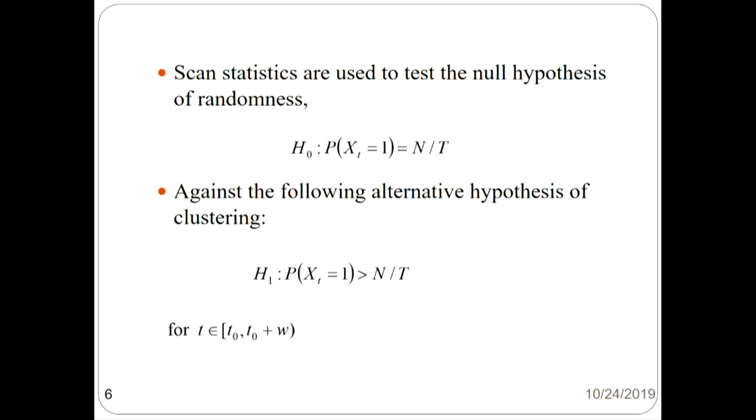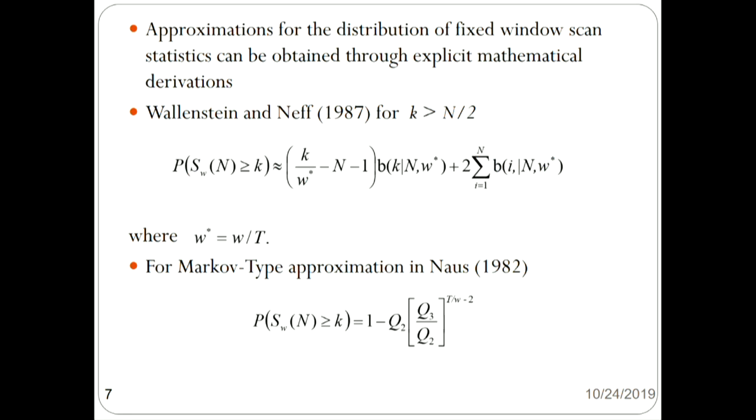The null hypothesis is that events are randomly distributed, and the alternative hypothesis is that beginning at a certain time point, for example t0, and with the interval of W, there is an increased number of events.